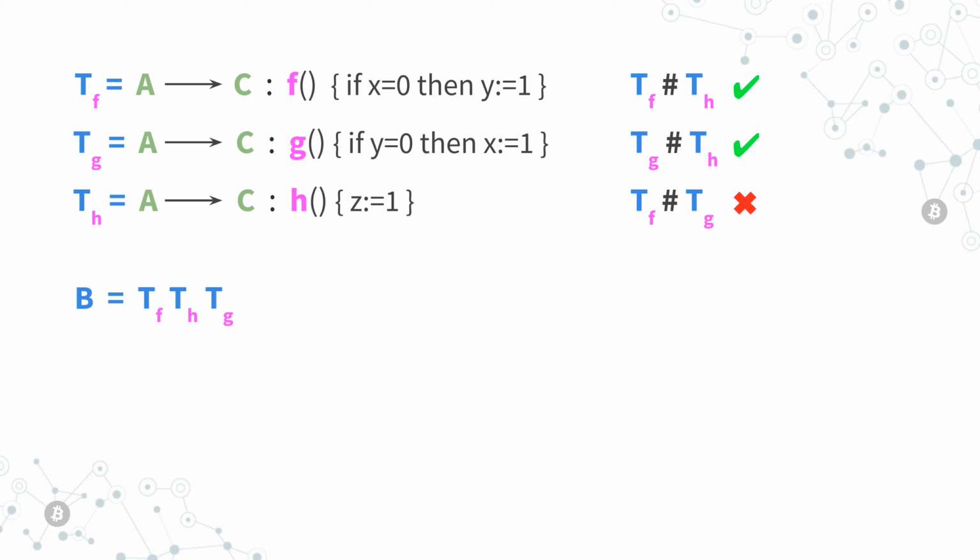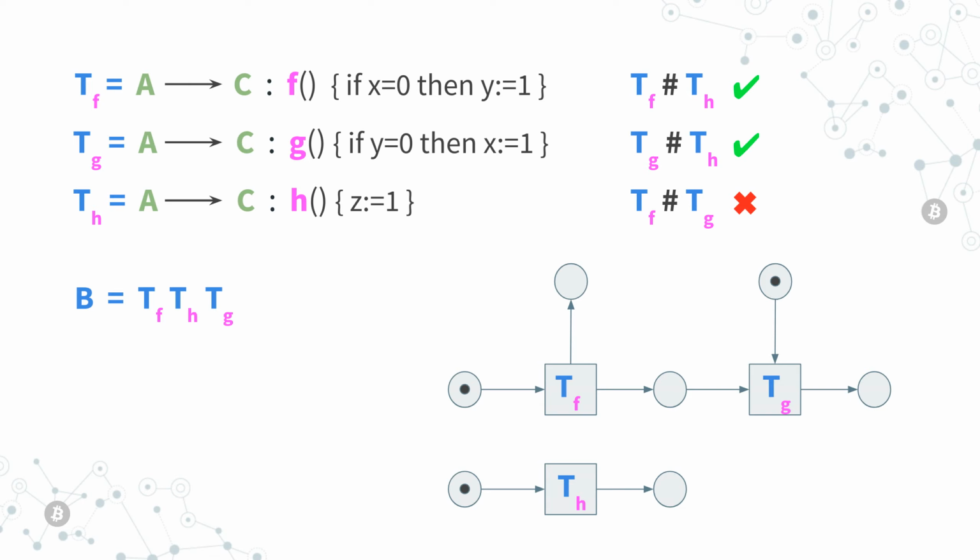We define a construction that takes as input a block and the swappability relation, and gives as output an occurrence net which operationally describes the concurrent executions of the block. In our example, the output would be this occurrence net here. At the beginning, the net can fire concurrently the transitions TF and TH, while TG is not enabled. TG can be fired only after TF has been fired, so the net preserves their order as expected.